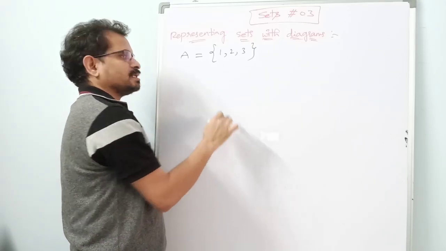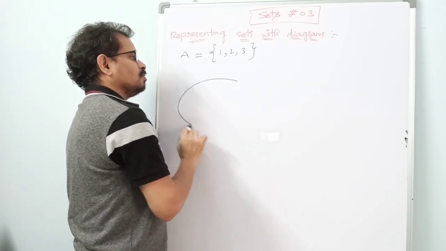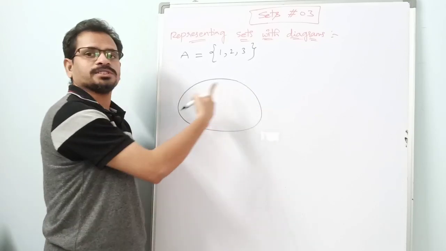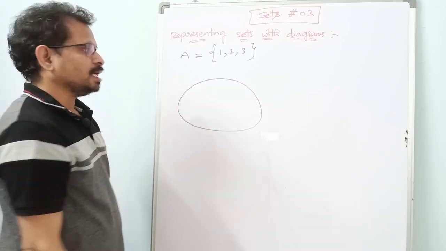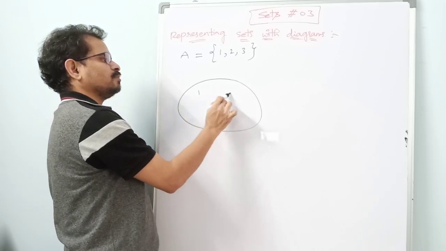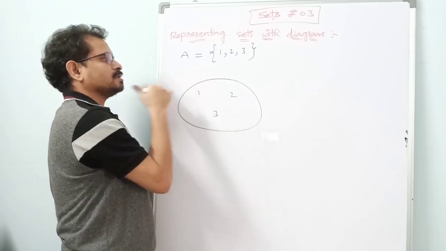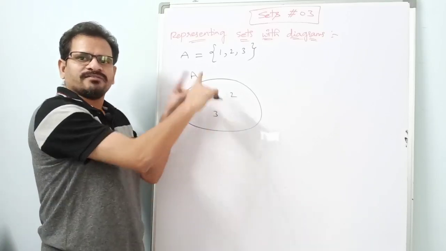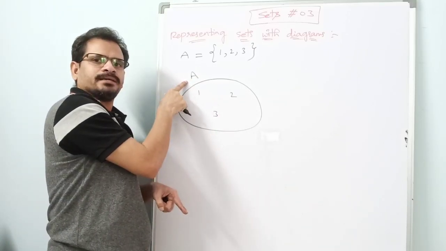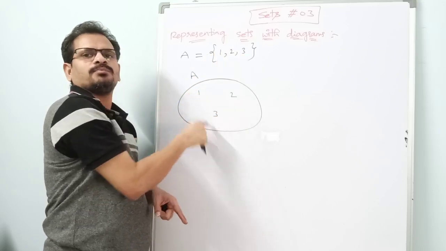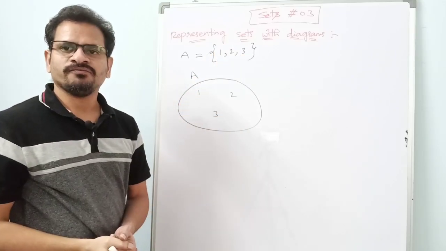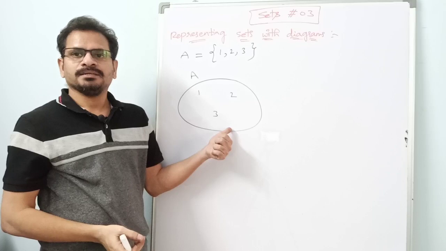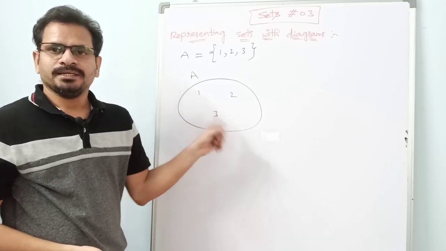The given set is represented by a closed curve. It is a closed curve or not? Yes, it is a closed curve. And all the elements are just simply put inside that one. Let us name this one as A here. A curve is drawn, name is given as A, and all the elements in the set are put inside the closed curve. That's enough. In this way we can represent a set A with a diagram.